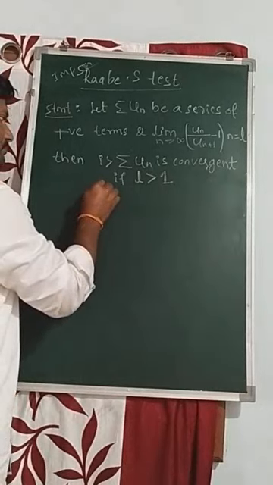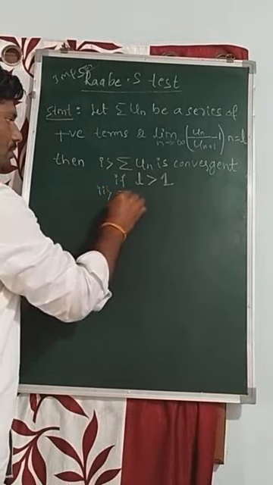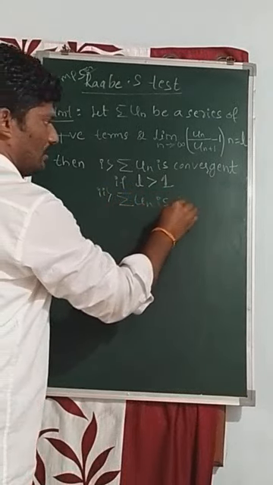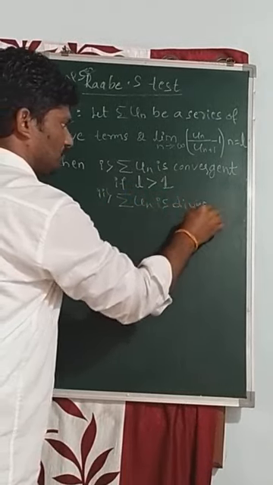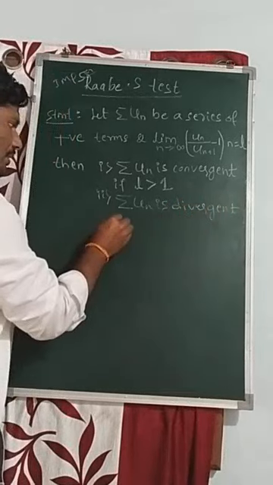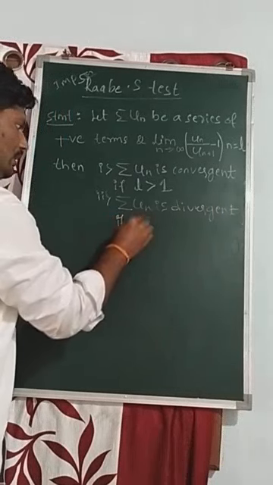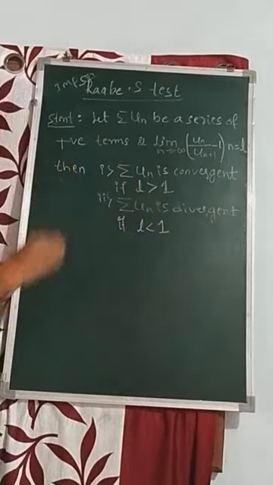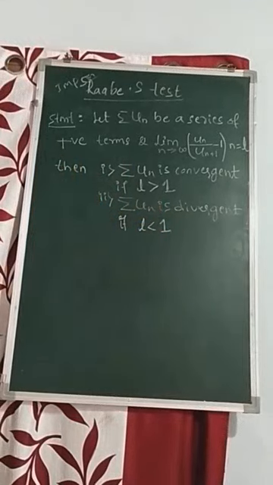Next condition, summation of un is divergent if L is less than 1.